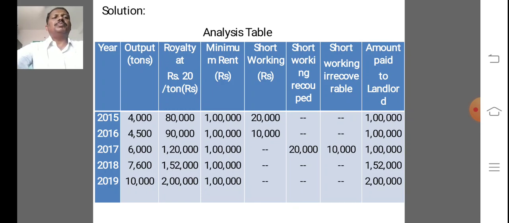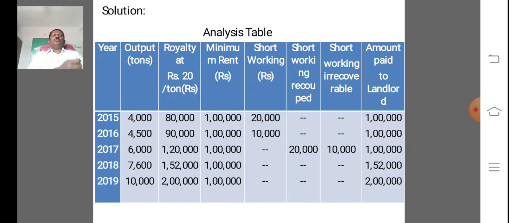So we can only recover short workings of 20,000. The remaining 10,000 is irrecoverable and transferred to short workings irrecoverable account, and 1 lakh is the payment to landlord.